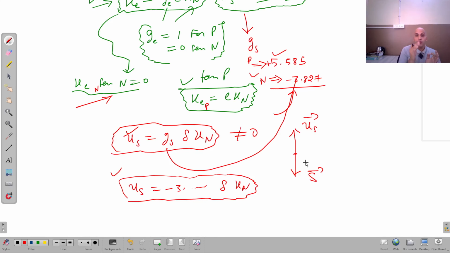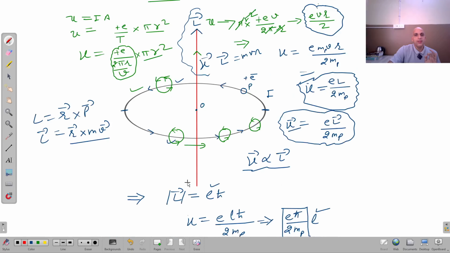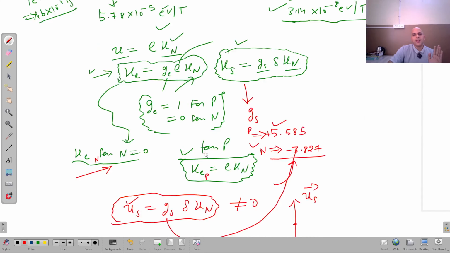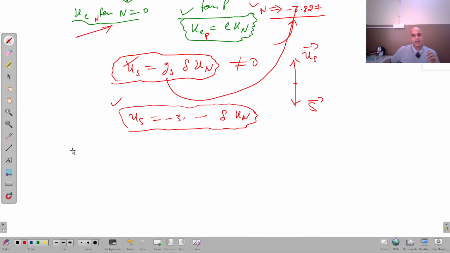So this is all about the magnetic dipole moments of the nucleus that I covered in this lecture. Now if we go to the total magnetic dipole moment, obviously it will be the magnetic dipole moment of protons, I'm writing it in vector form, plus the magnetic dipole moment of neutrons. So whatever neutrons and protons are present inside the nucleus, we will add all these magnetic dipole moments, and then we will get the net magnetic dipole moment of the nucleus.